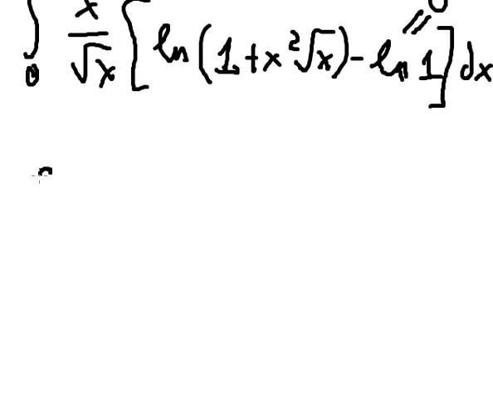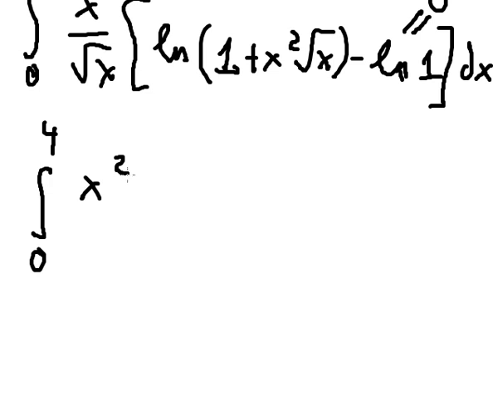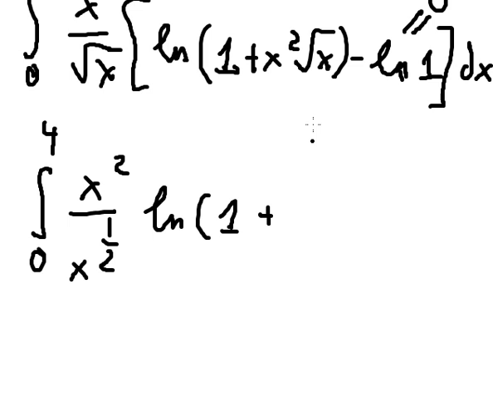So in this one, we have x squared. This one is the square root of x, and the square root of x is x to the power of 1/2. Similar for this one.